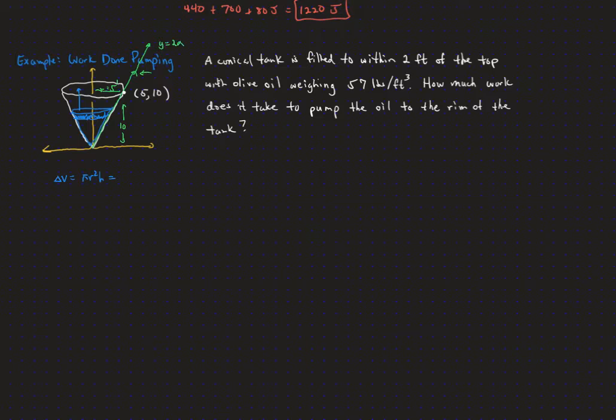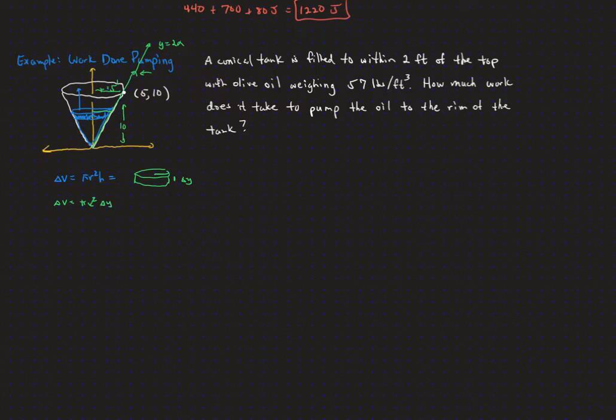As we look at that little cylinder of water, delta x would be the height. The radius is going to be this right here, which is that x value. So far we've got that the delta volume is going to be pi x squared, except that's not going to be a delta x, that's going to be a delta y.